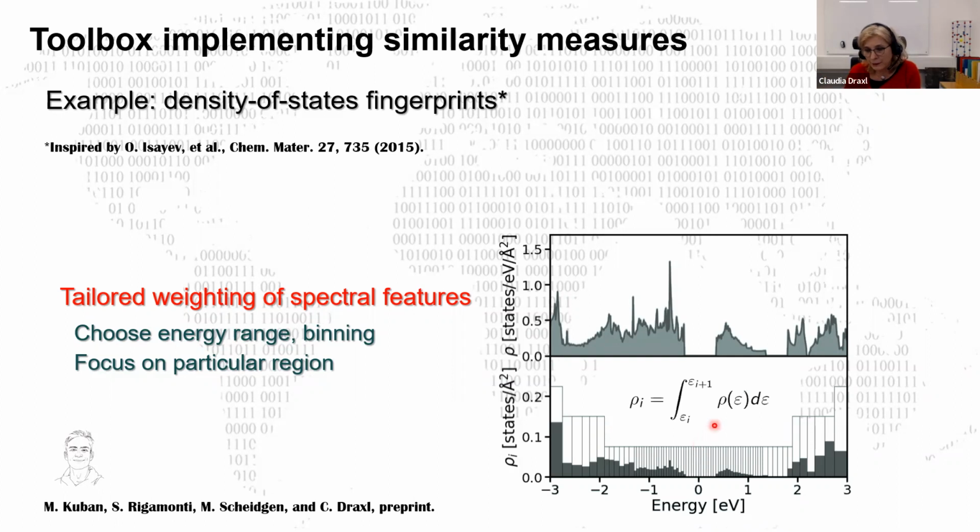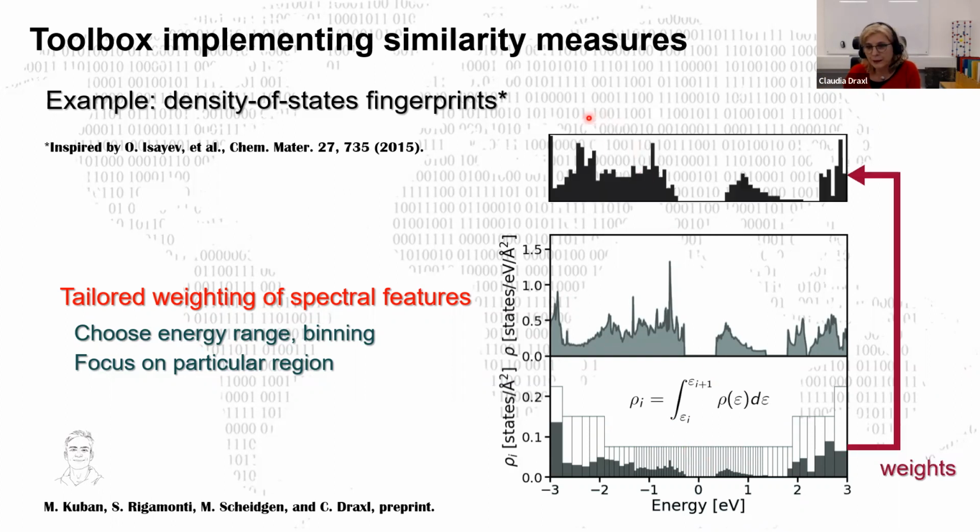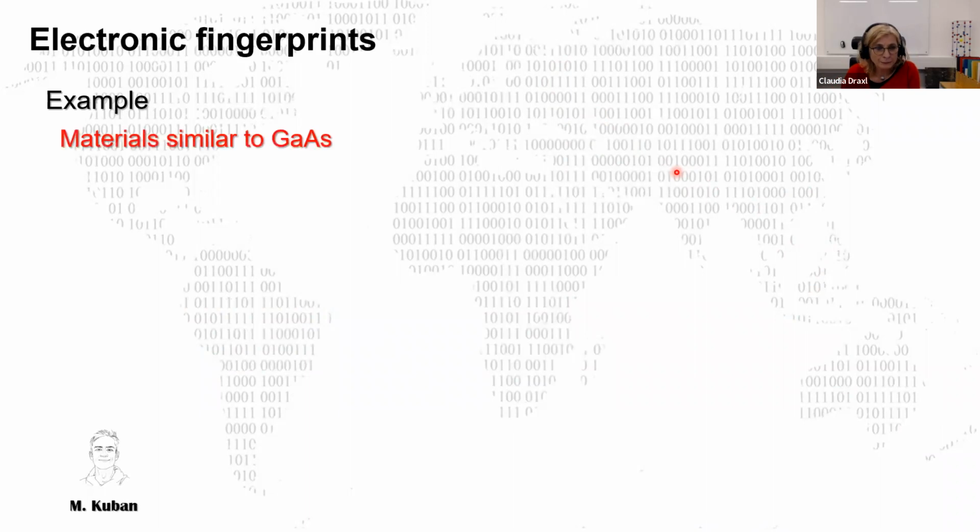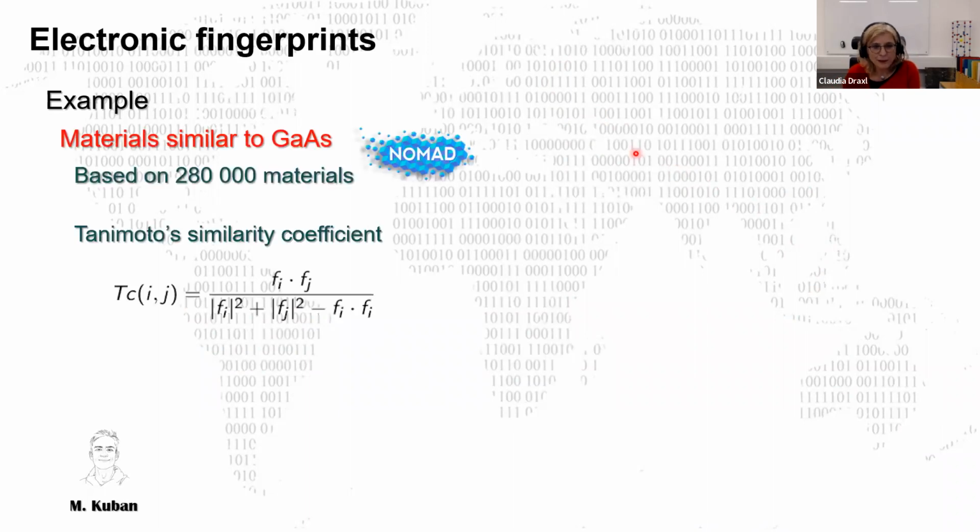Then we integrate the density of states inside these little intervals, and we assign each interval a value, and this gives rise to this fingerprint, with the weighting procedure that I mentioned. Now we can compare these fingerprints of different materials, for example by the similarity coefficient that was introduced by Tanimoto. It measures the similarity between two such fingerprints.